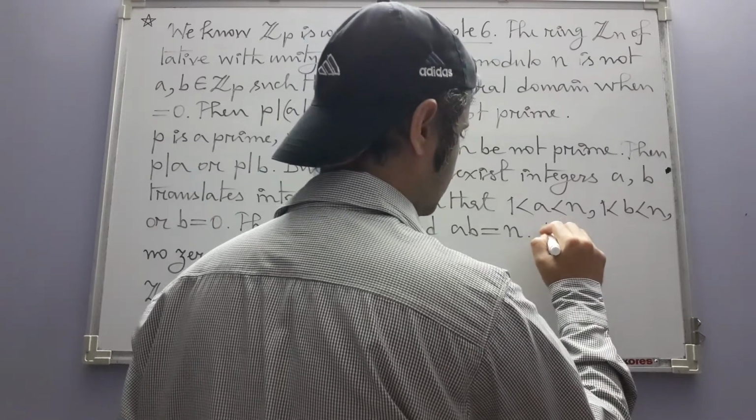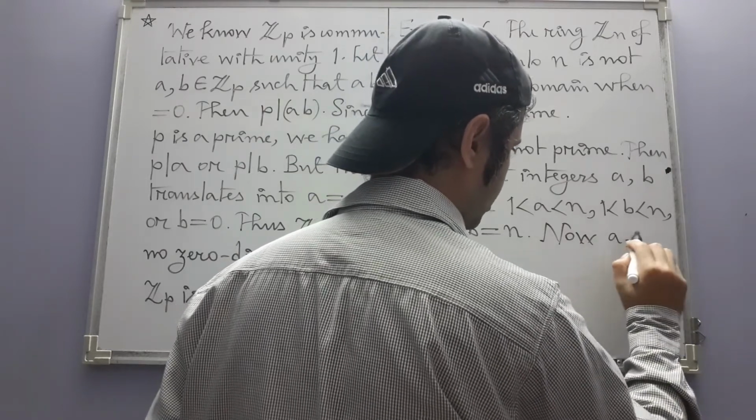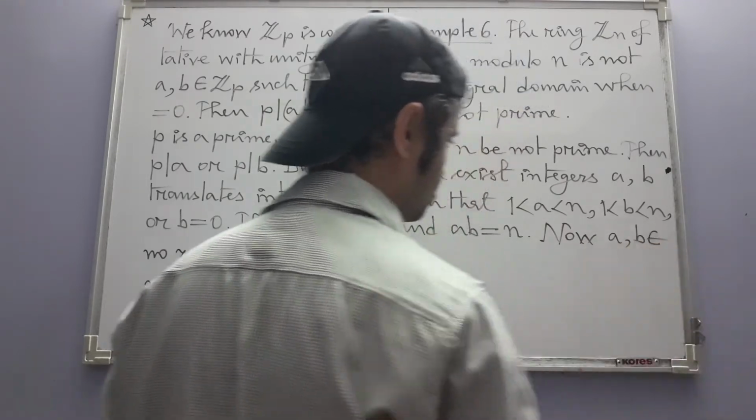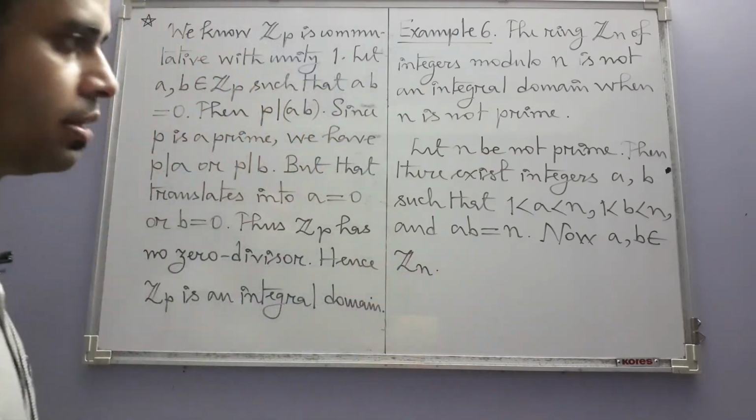Okay. Now a and b belong to our ring Zn.